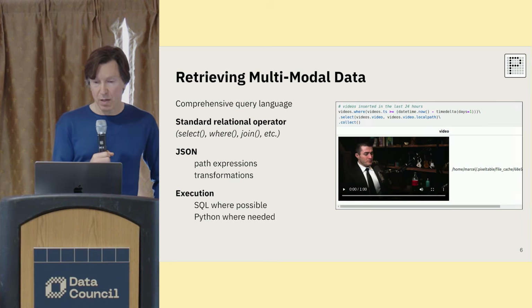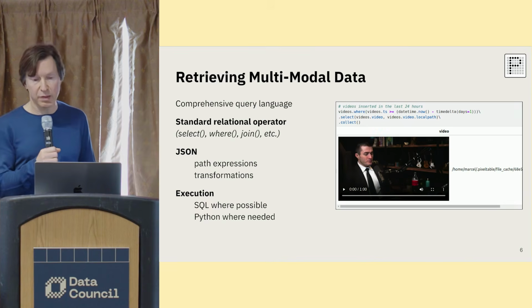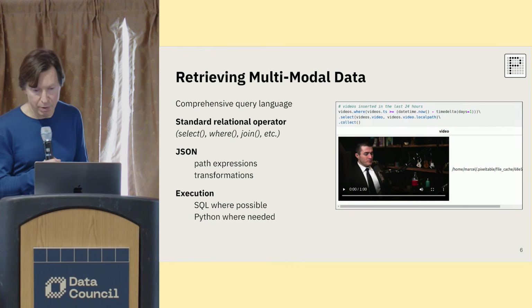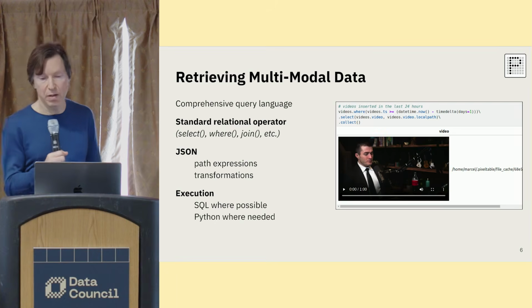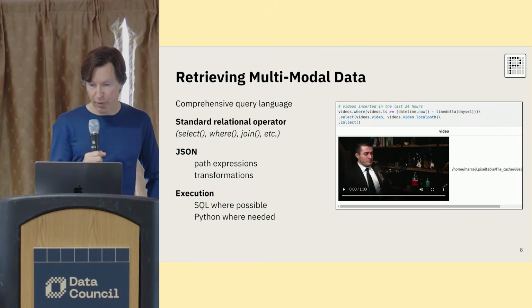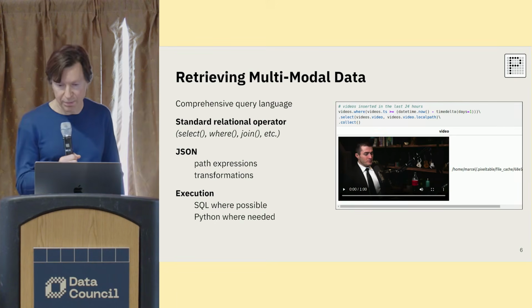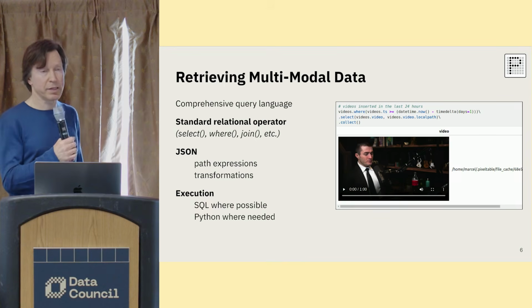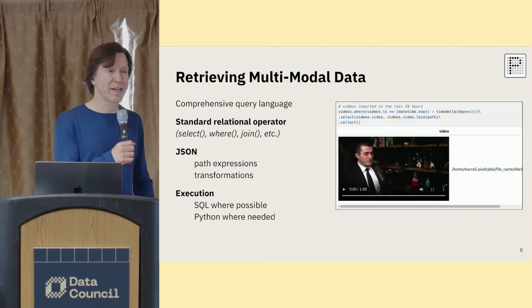On the right-hand side in the code snippet, we see a simple retrieval of the videos you inserted into the table we just created in the last 24 hours. So a simple predicate on the timestamp column, and you are getting back both the video and the local path property of the video. The local path simply expresses the path where it's cached locally.